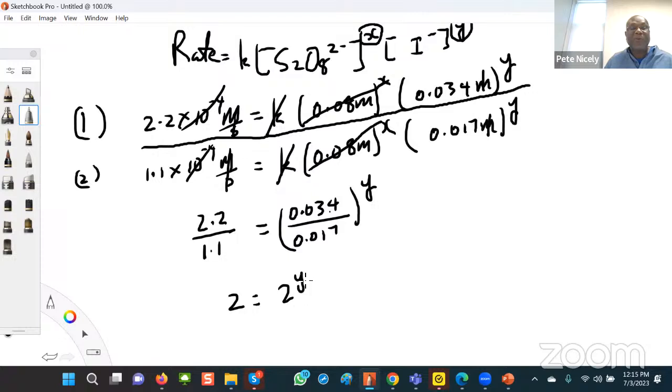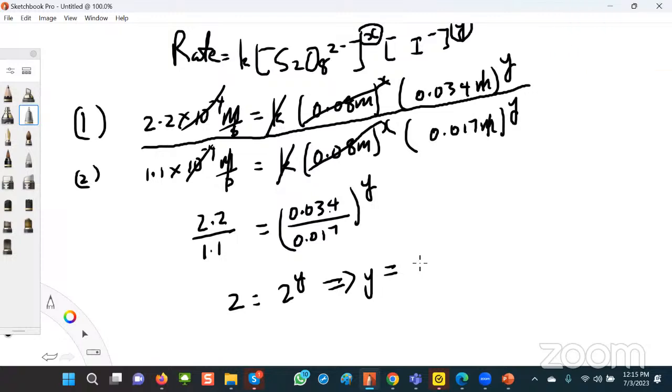So this is 2 to the Y. That means Y is equal to what? What is Y equal to? 1. Exactly. So we have found the order of the reaction with respect to I-. Y is equal to 1.